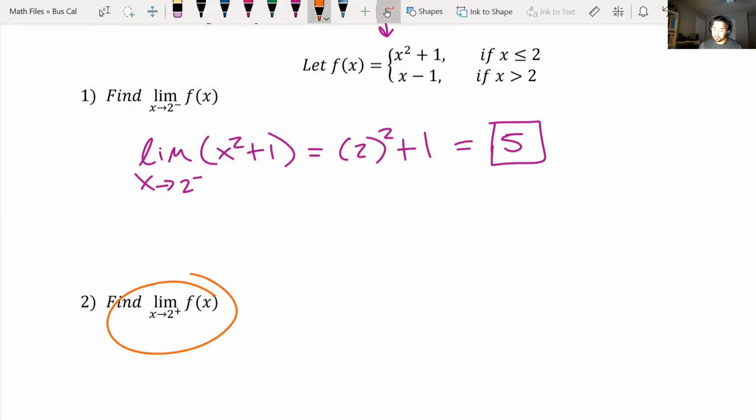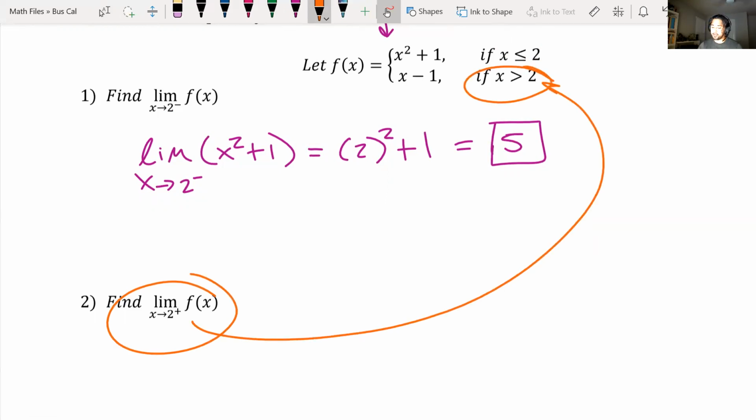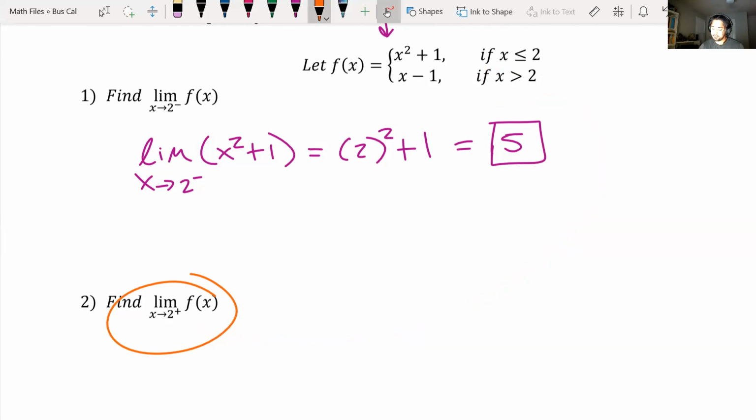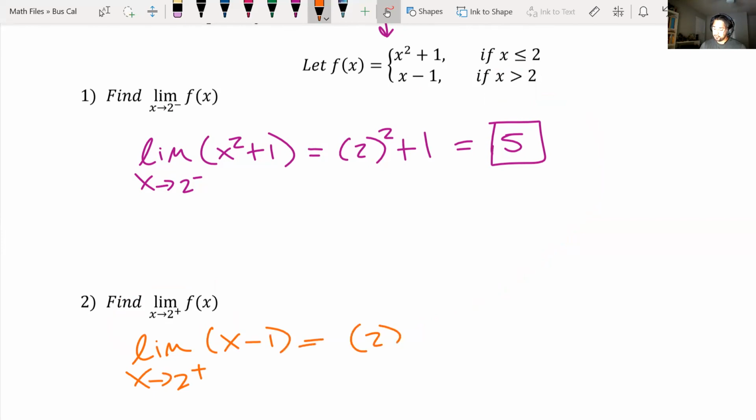So this limit connects to this restriction, which means we are allowed to use this function, x minus 1. So I'll rewrite it. The limit as x approaches 2 from the right of x minus 1 means we plug in 2, and the limit from the right side is 1. Any questions on that?